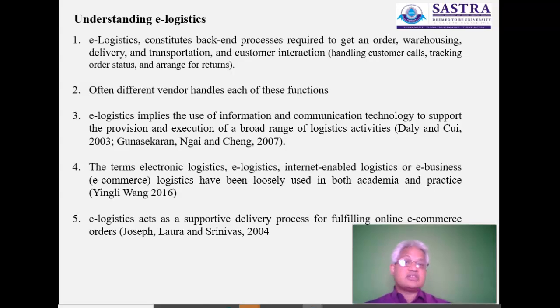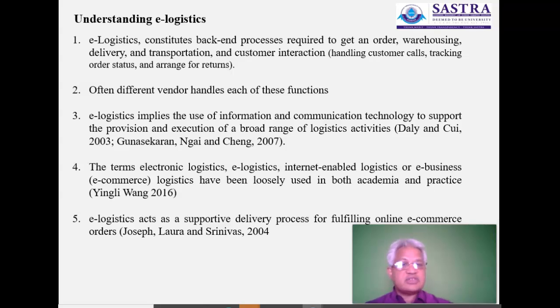Customer interaction can happen whether it is through a telephone call or through internet. Well, while tracking the order status, you really don't have to speak to somebody on phone or you don't have to meet any company representative, but we still call it customer interaction because the customer is interacting with the company to get some information, and this is not happening physically or even face to face.